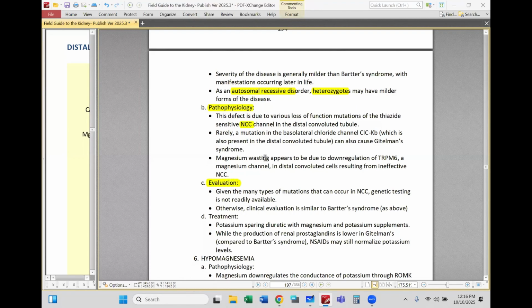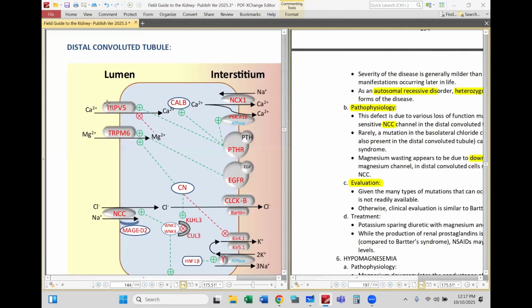Why the magnesium wasting occurs with defects in NCC is not well described. There are animal models in which NCC is knocked out, and these animal models manifest reduced expression of this apical transporter, TRPM6. Why does that happen? What are the intermediates that link NCC activity to TRPM6 expression and activity?